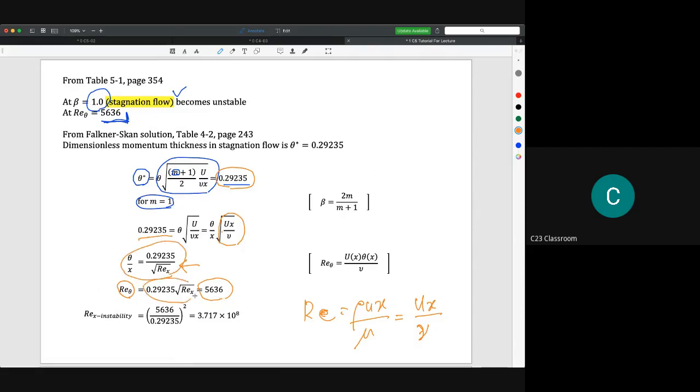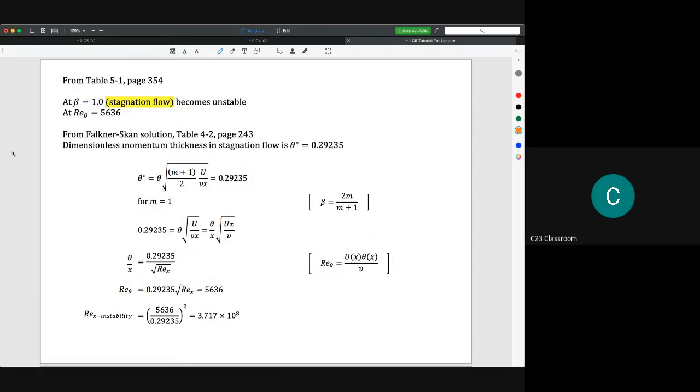From this term, we change the terms into this one by using this equation. For example, Reynolds theta here is equal to 5,636, and the equation of Reynolds theta is u times theta over nu. We can substitute the value of theta here, which you take from this one.